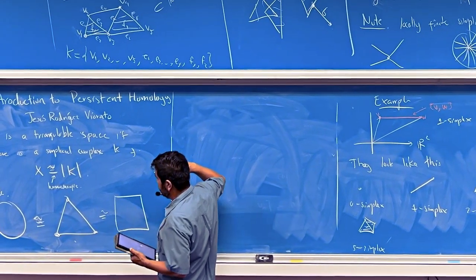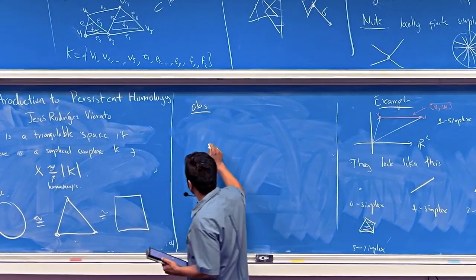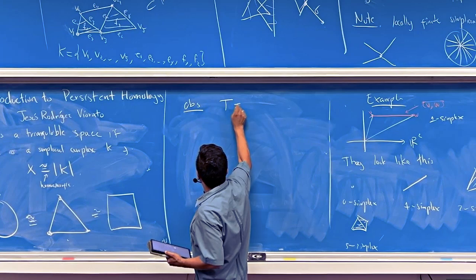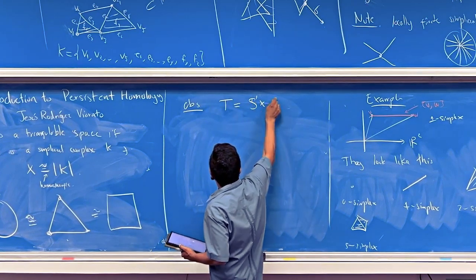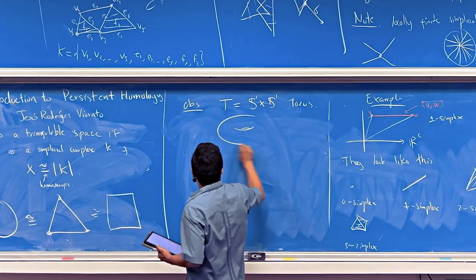What was the word that I was using? Rigid. Right, they're kind of rigid. For example, consider T, which is S1 cross S1, the torus. Remember, this is this thing.